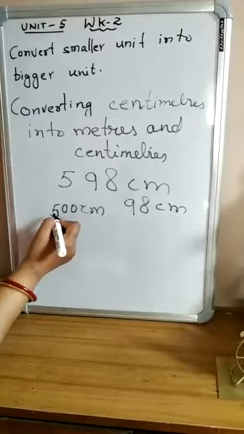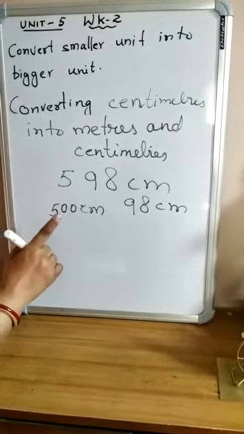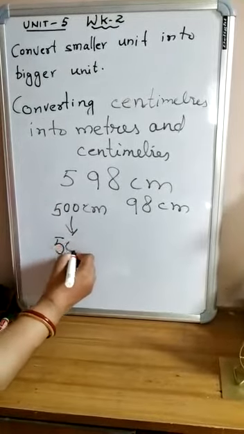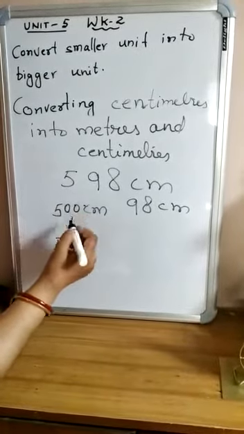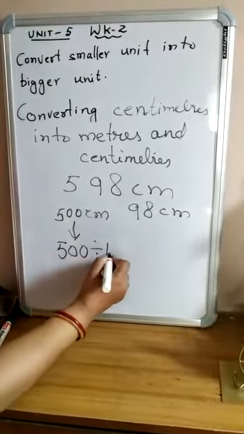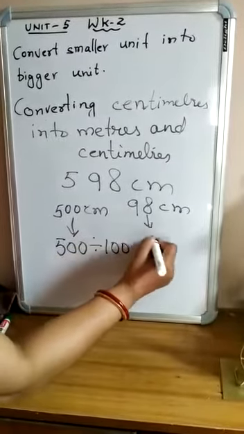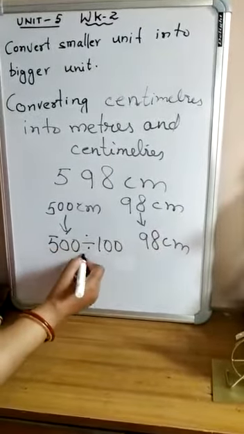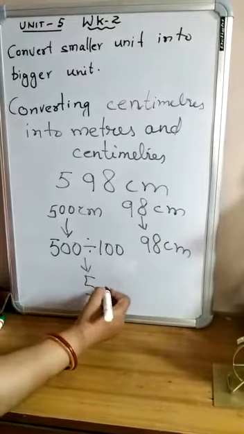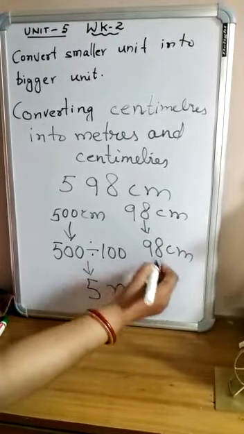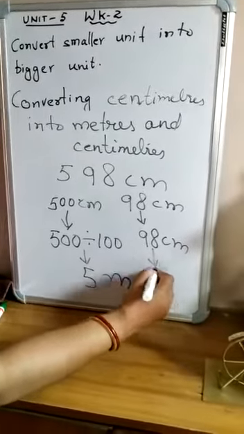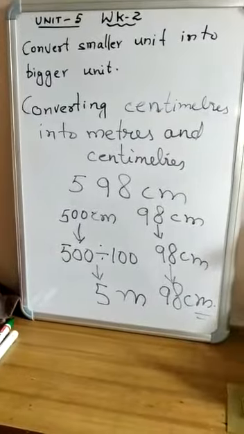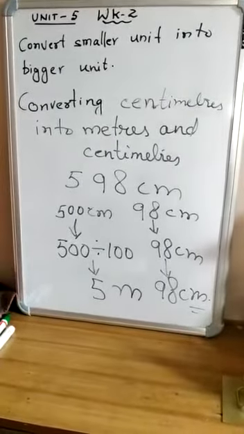So this 500 centimeter is more than 100 centimeter. Now I am going to convert this 500 centimeter into meter. So we divide the number of centimeter by 100 and then write down this 98 centimeter as it is. Now this 500 divided by 100, it gives 5. And what is the unit of this 5? Meter. And write down this 98 centimeter along with this 5 meter. Okay children, in this way you have to convert centimeter into meters and centimeters.